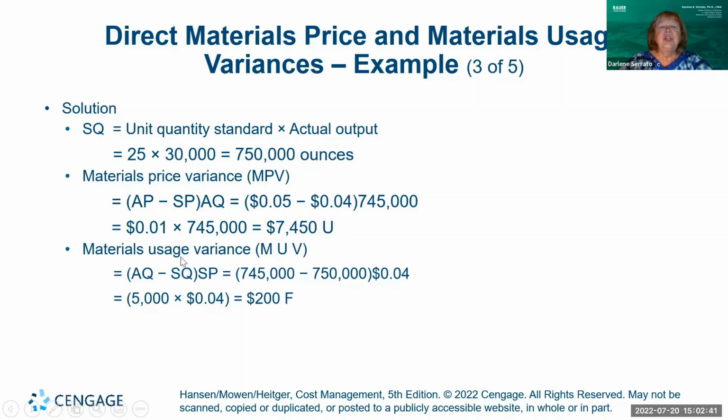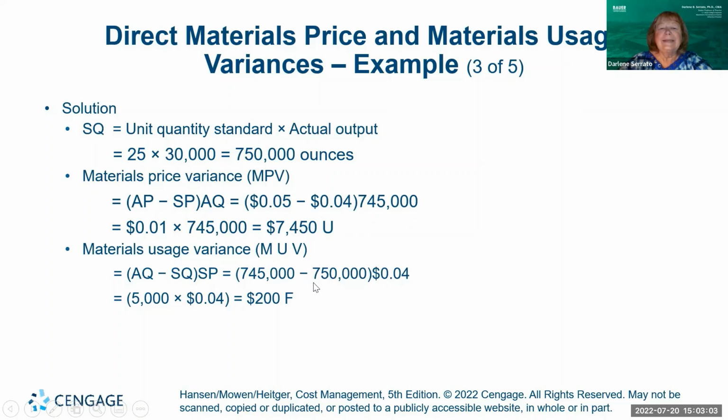The materials usage variance. 745,000 is what we actually used. Our SQ was 750,000. We used less than we were allowed.